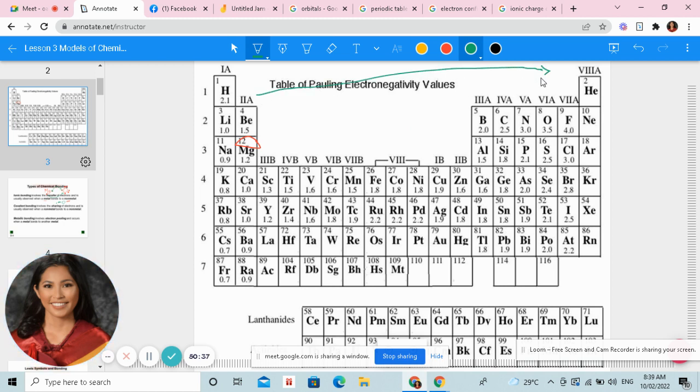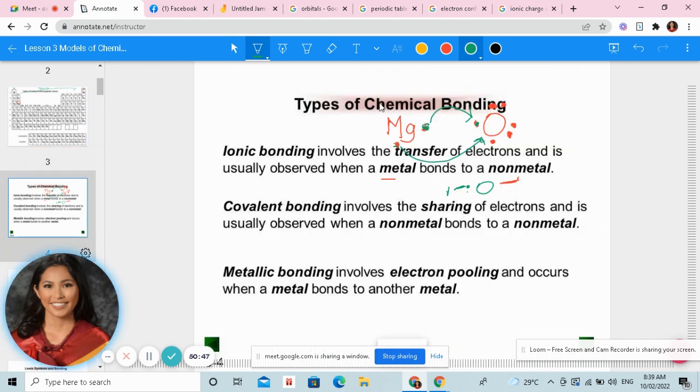We have increasing electronegativity as we go across the table. So Mg has lower electronegativity than oxygen. That's why the electrons from Mg will transfer. So kwaon siya sa imuang oxygen. So forming a bond. We have Mg. Oh, so we have that one. That is ionic bonding.